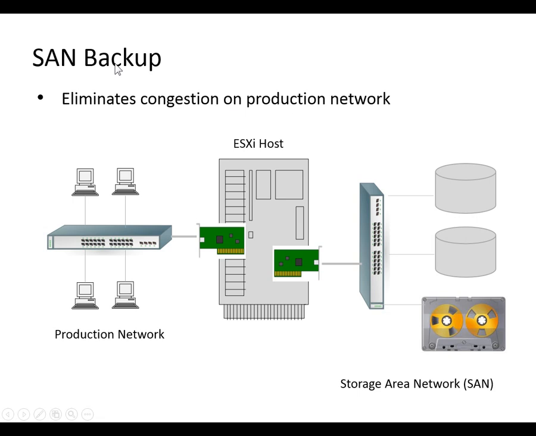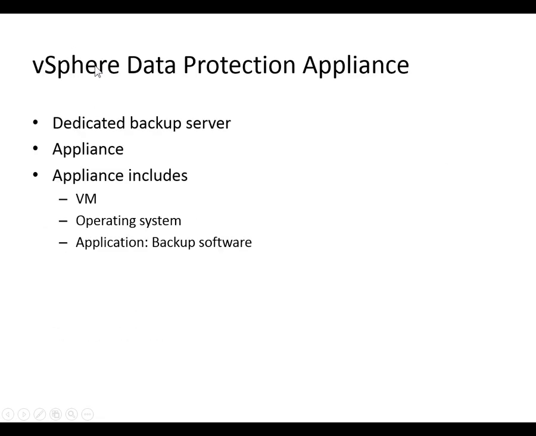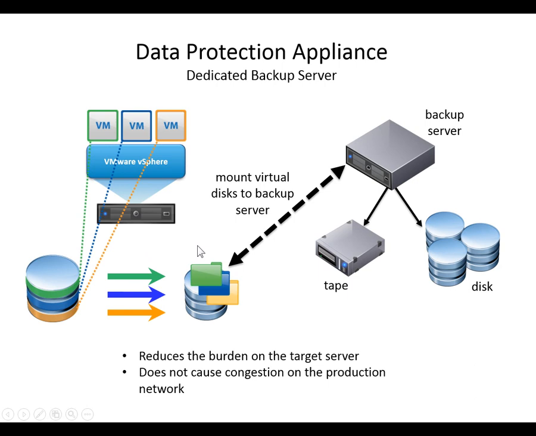The vSphere Data Protection Appliance is a dedicated backup server. And as you know, an appliance is made up of a virtual machine, an operating system, and the application in the operating system, which in this example is the backup software.